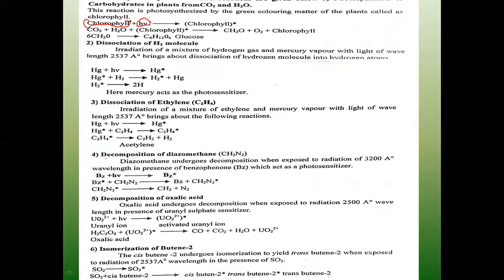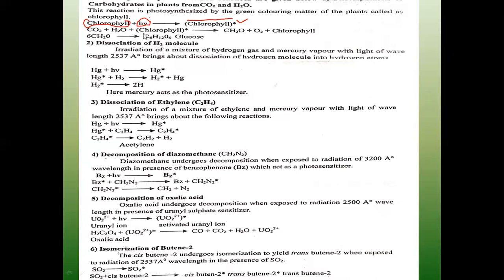So this chlorophyll absorbs this photon energy, and then it turns into the activated condition. You can see there is a star on this chlorophyll, so it is the activated molecule, the excited molecule, and it is also called the donor molecule. So in that state it gives its energy.